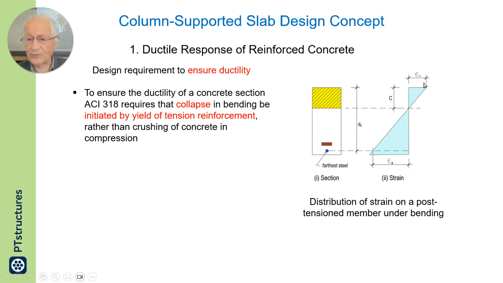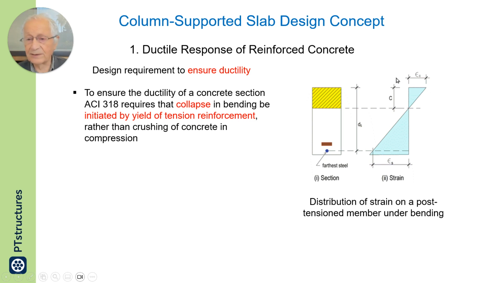Here on the right, I have shown the strain distribution across the section under bending. If the depth of the neutral axis is small, the strain at the bottom where steel is located will be larger.